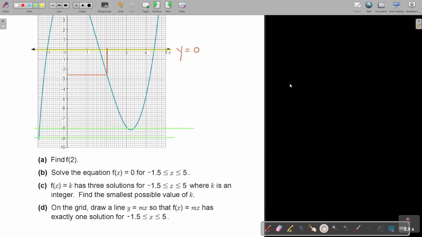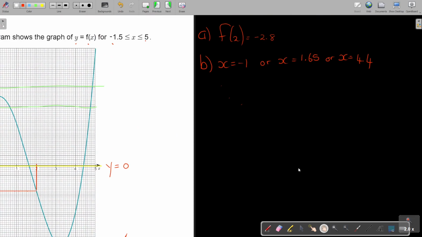Find the smallest possible. So if I look, the smallest possible will be there. So what will it be? Let's go and write it down, where k is equal to -8. Okay, and then the next question, let's go to the next question.